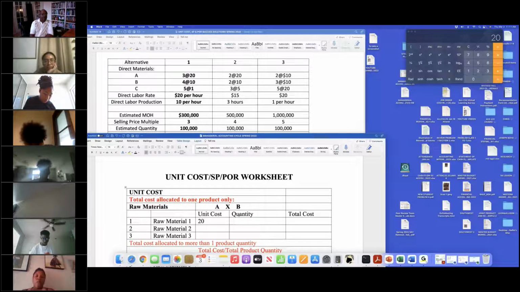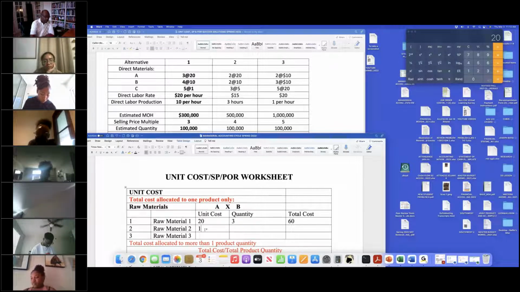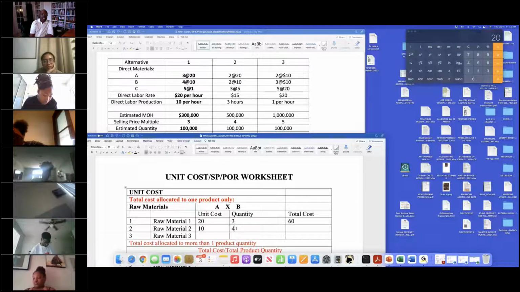And so for that first raw material, 3 times 20 is 60. For the second raw material, the unit cost is 10 and the quantity is 4. And so we multiply 4 times 10 and we get 40 as the total cost.